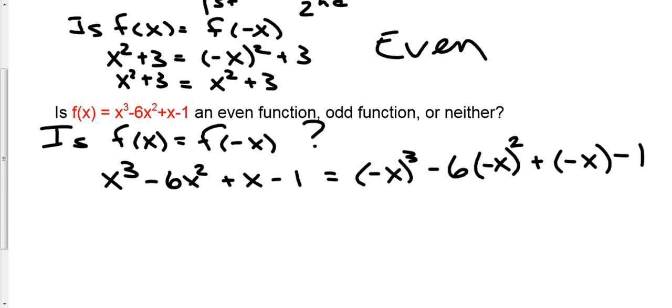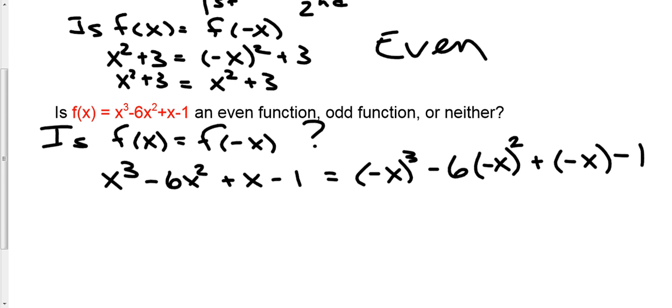Is this my even test or my odd test? Even test, right? The only difference if I applied my odd test would be putting that right there. That would be my odd test, right? Well, we're not doing that first. We're doing this first.